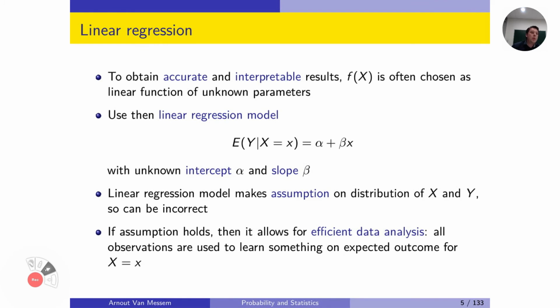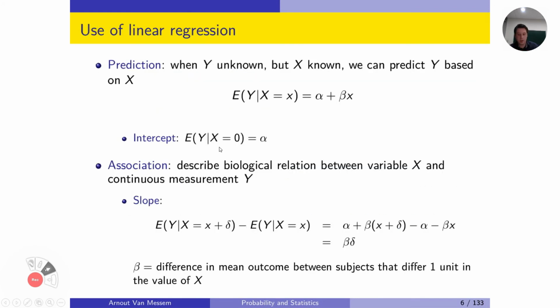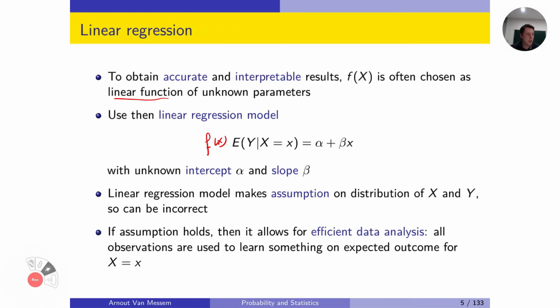What we then often do is make an assumption on f. For linear regression, the assumption is that f is a line, a linear function. Why a linear function? Because it's a very easy function and it has nice interpretations. So it means that f of x, the average, equals alpha plus beta x.